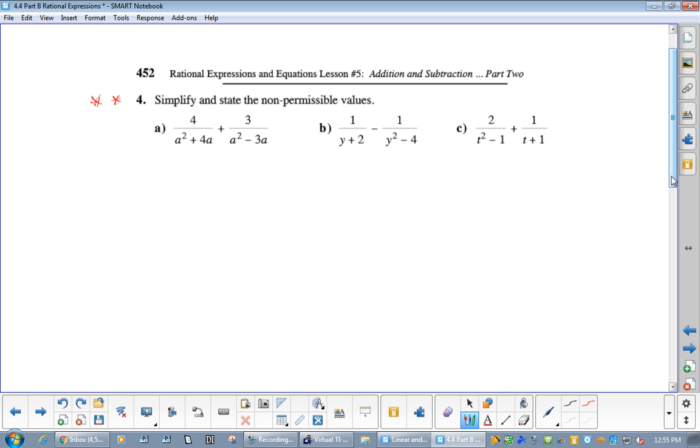We don't have perfect squares. Yes, you do. In your homework. Your 4A is different? What page are we on?